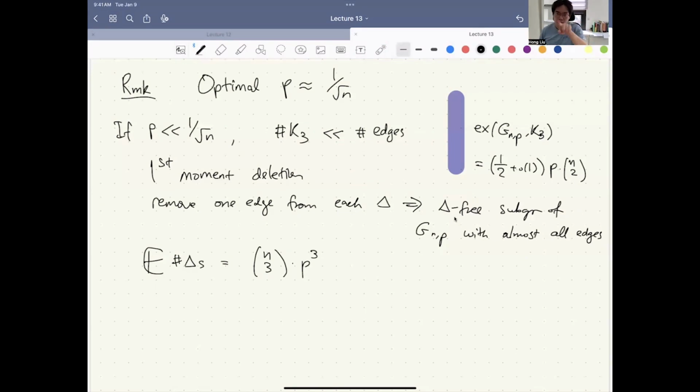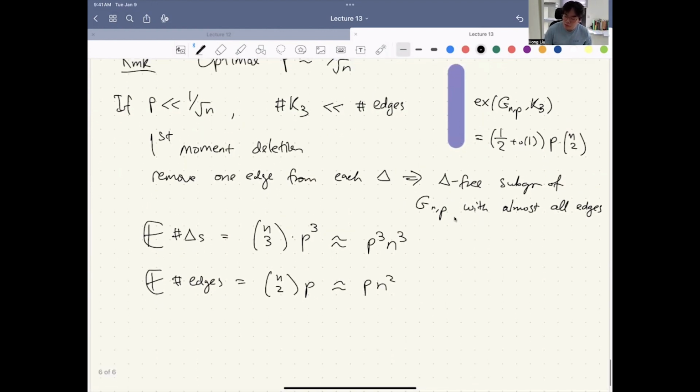All 3 edges must be there. So this is roughly, up to some constant, p cubed n cubed. Up to a constant. What's the number of edges? This is n choose 2 times p, so order of magnitude p n squared.